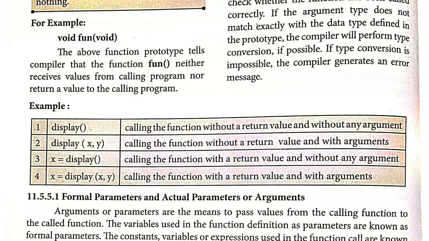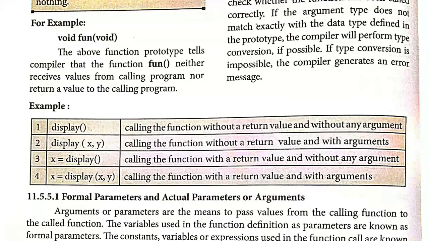So the first one, display, does not return. It is the calling function without a return value and without any argument. So there is no return, the value is not returned by the function to the computer, and no input is given to the function.